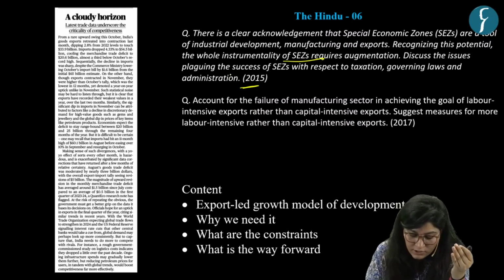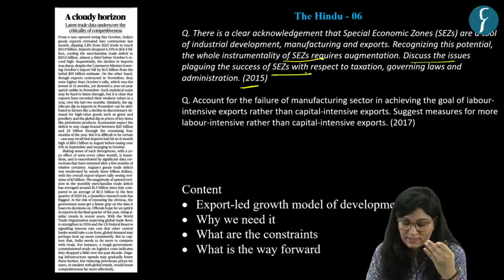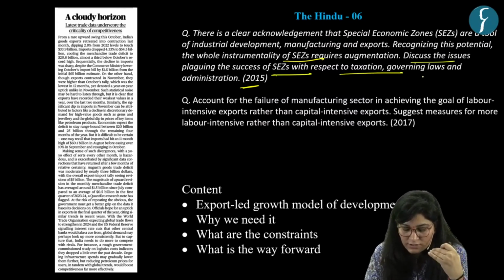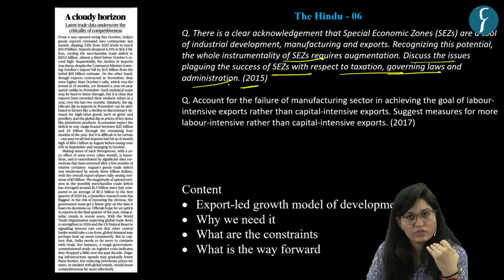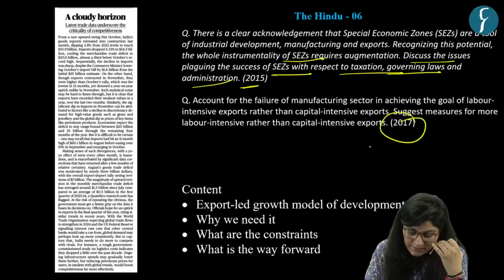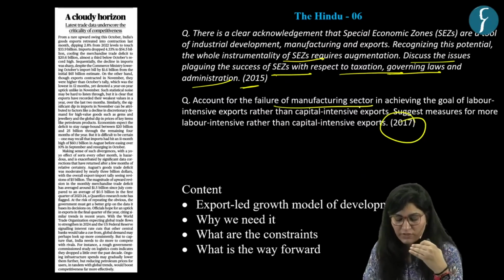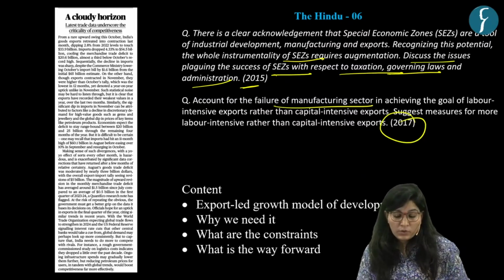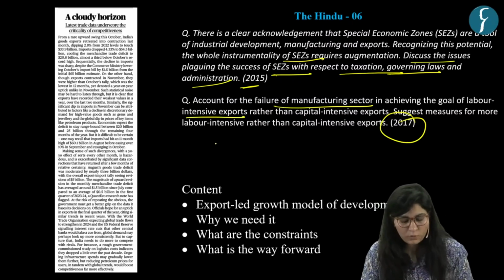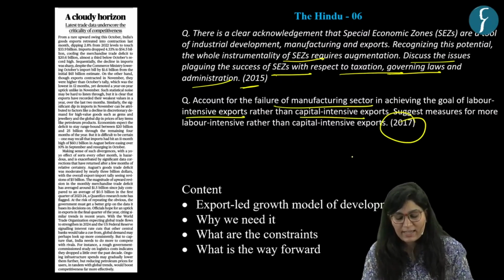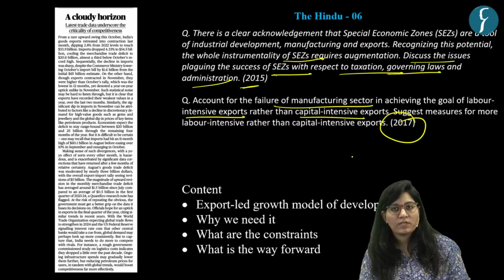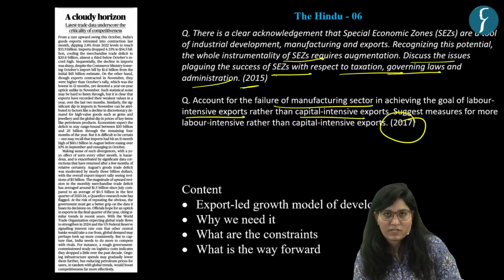Here you need to write about the issues plaguing the success of SEZs with respect to taxation, governing laws and administration. Also in 2017, there was a question which talks about the failure of the manufacturing sector in achieving the goal of labor-intensive exports rather than capital-intensive exports. We'll deal with all these terms in our discussion.